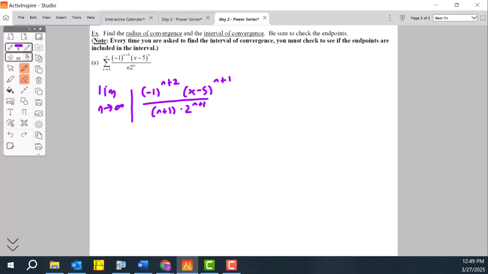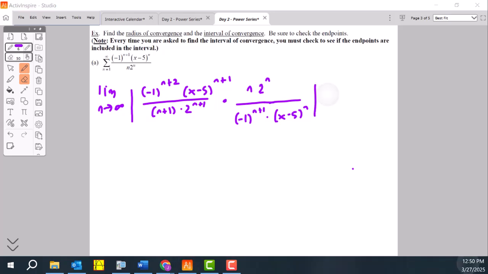And then we want to divide it by the original sequence. The issue is the original sequence is a fraction, so we'll just multiply by the reciprocal. N times 2 to the n over -1 to the n plus 1 times x minus 5 to the n.